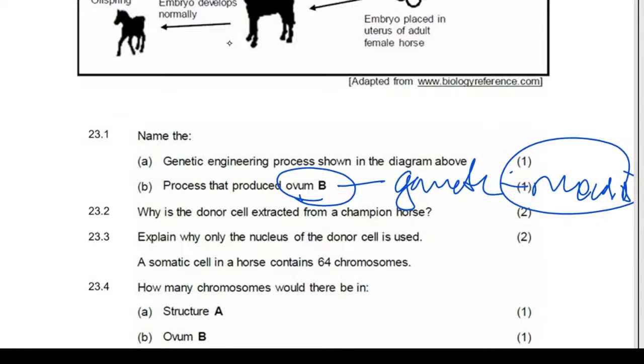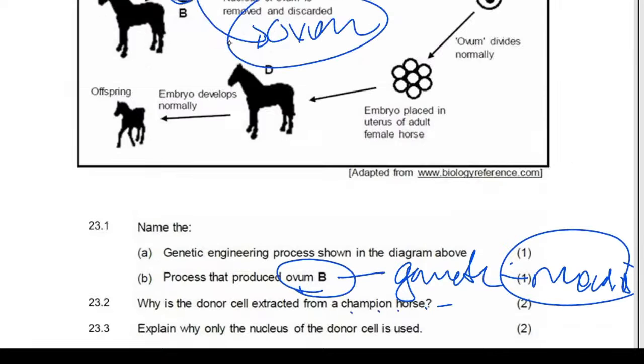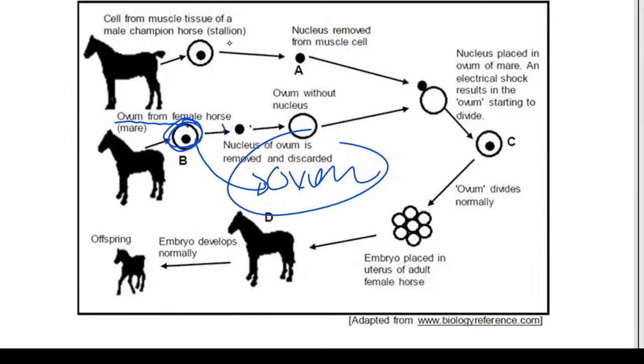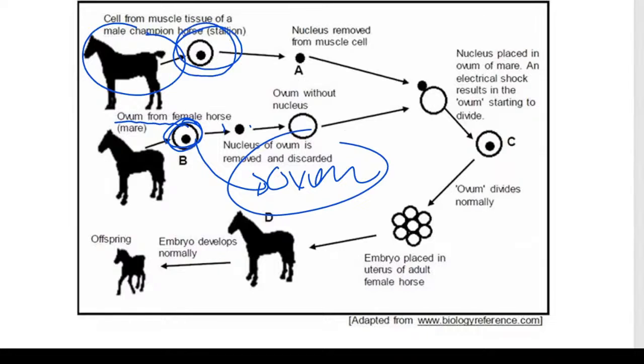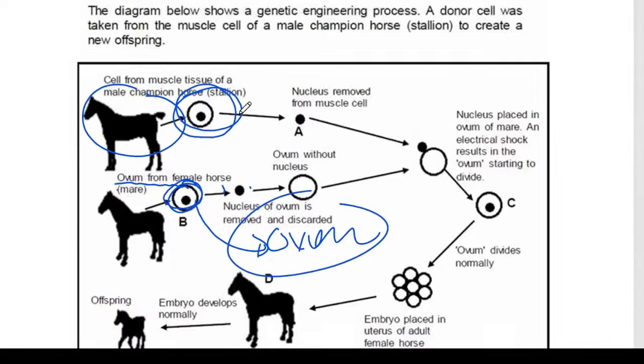No answer. Why is the donor cell extracted from the champion horse? Why do we extract the donor cell from this champion horse? Let me choose someone. Don't run away. Ntokozo.